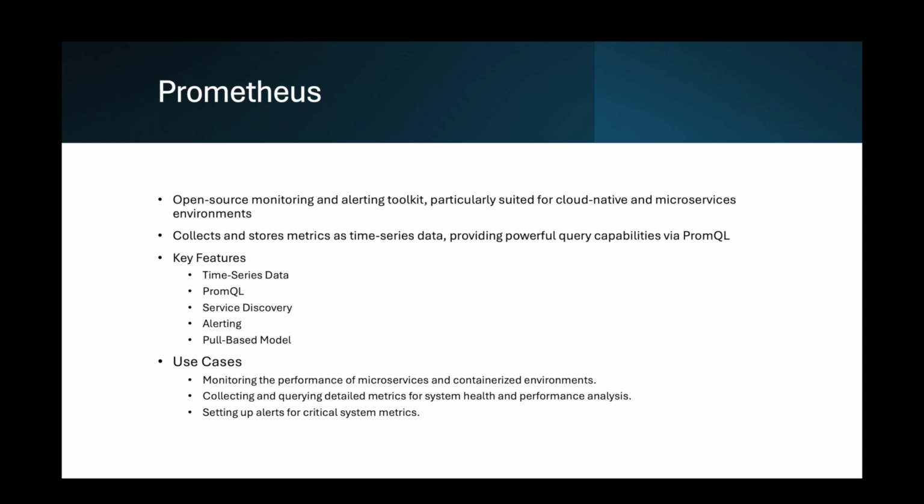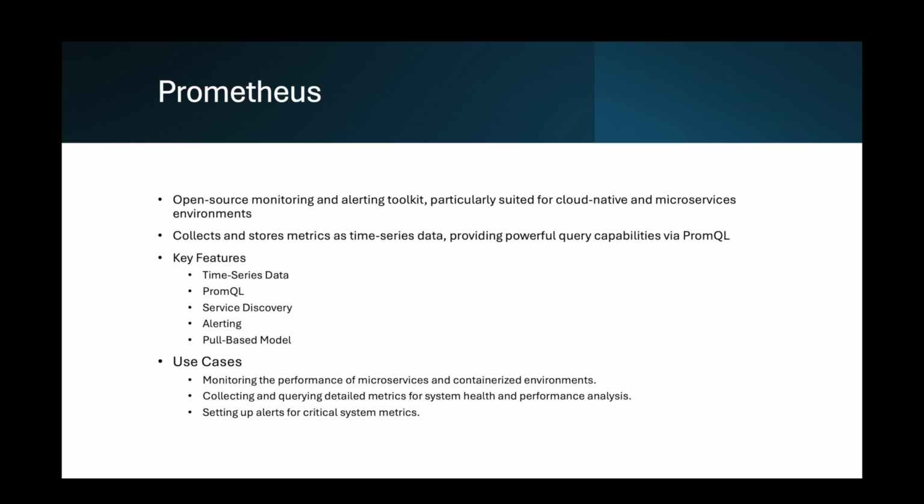Alerting: integrated alerting with customizable rules and notifications. It also has a pull-based model, collecting metrics using a pull-based model, which allows for better scalability and reliability. Use cases for Prometheus include monitoring the performance of microservices and containerized environments.